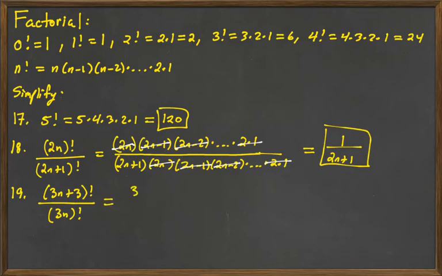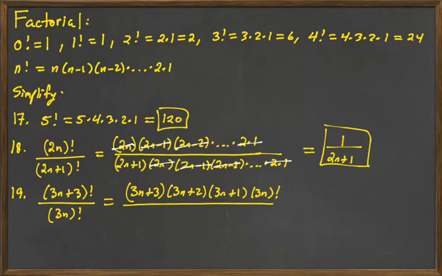So this is going to be 3n plus 3, 3n plus 2, 3n plus 1, 3n, and then we're going to stop it with a factorial. It would keep going 3n minus 1, 3n minus 2, but we have a 3n factorial in the denominator, so that's why we want to stop it. So then the factors of 3n absorb, and this is now 3n plus 3, 3n plus 2, and 3n plus 1.